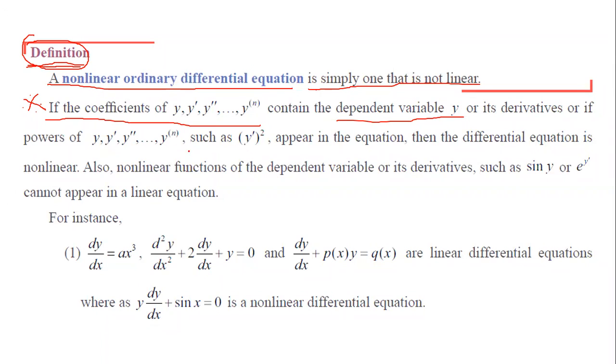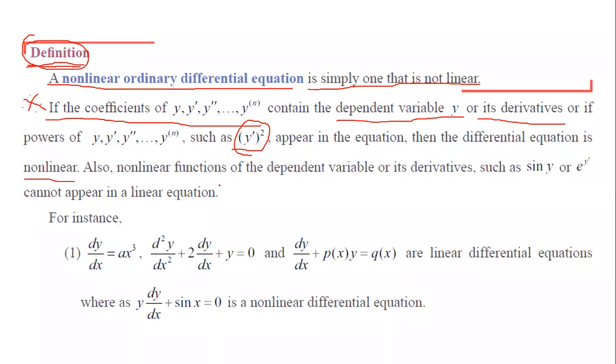Fine. So a non-linear ordinary differential equation is one where y dash, y double dash, y power n contain the dependent variable y or its derivative, or if powers of y dash, y double dash, such as y dash square, appear in the equation, then the differential equation is non-linear.